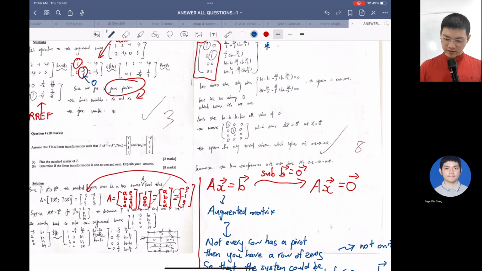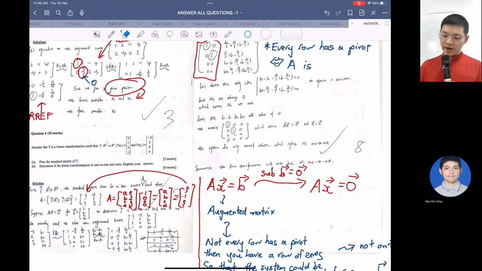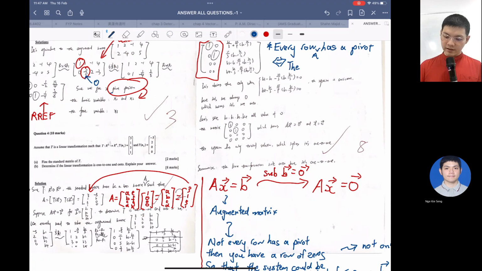Every row has a pivot if and only if, A is a matrix, so every row of A has a pivot if and only if the linear transformation T associated with A is onto.